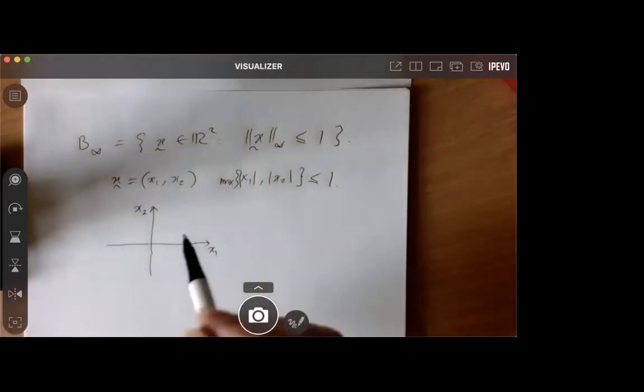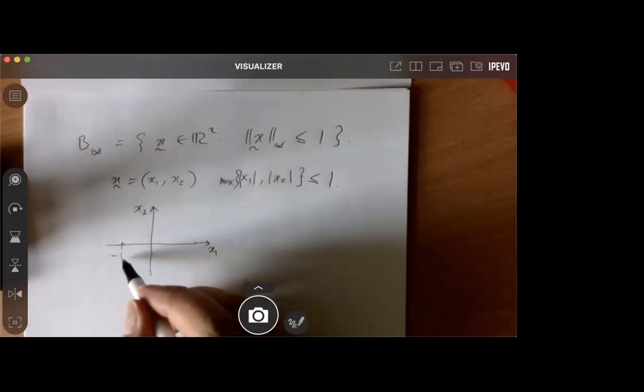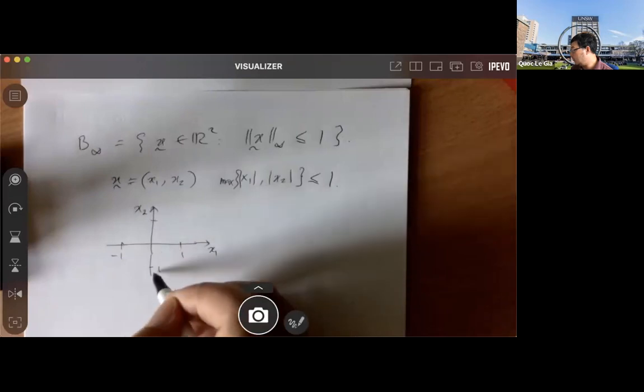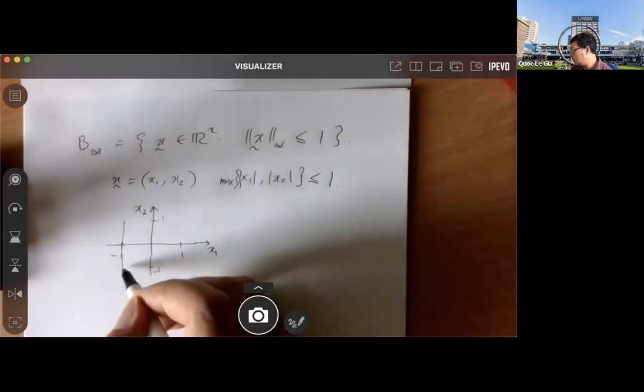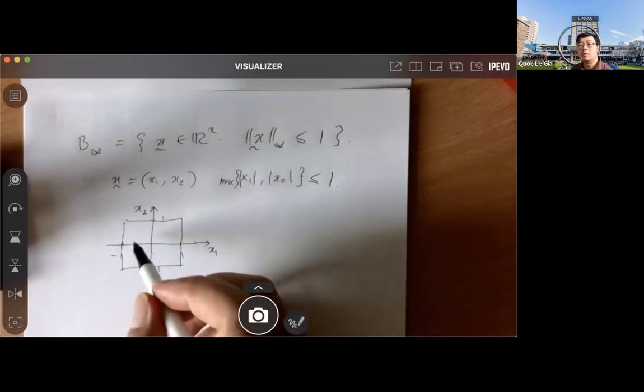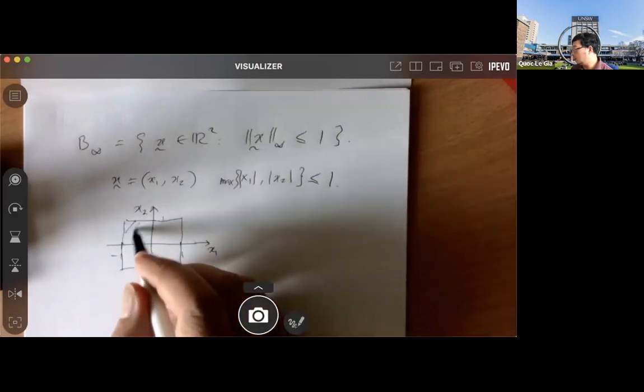So a square, and it will be a square of the range minus 1 to 1 here, and minus 1 to 1 here. So everything in this square will satisfy the condition, right?